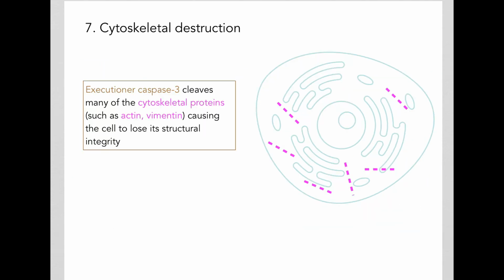Another effect or action of these executional caspases is that they cleave several cytoskeletal proteins. Remember, cytoskeletal proteins are proteins that give the structural integrity to the cell. So by cleaving proteins such as actin and vimentin and so on, the cell loses its structural integrity.